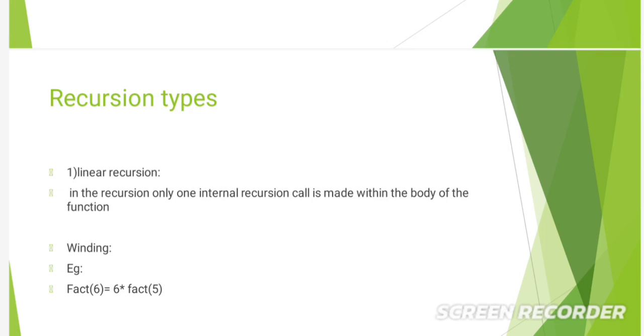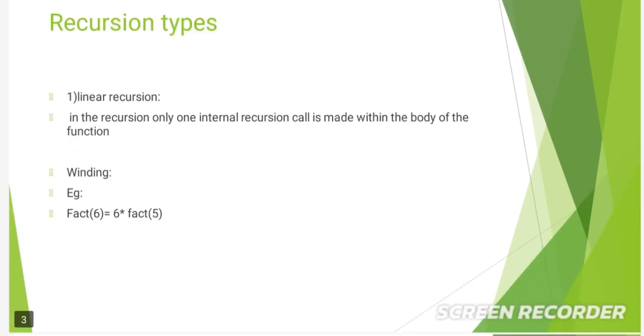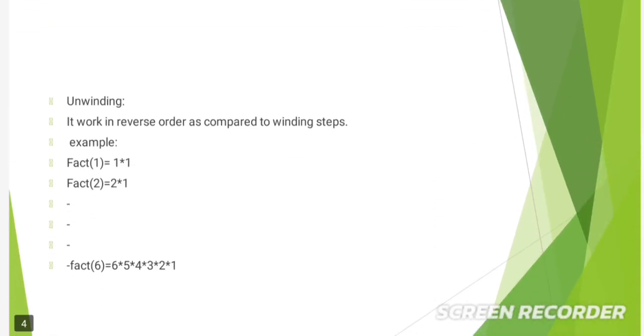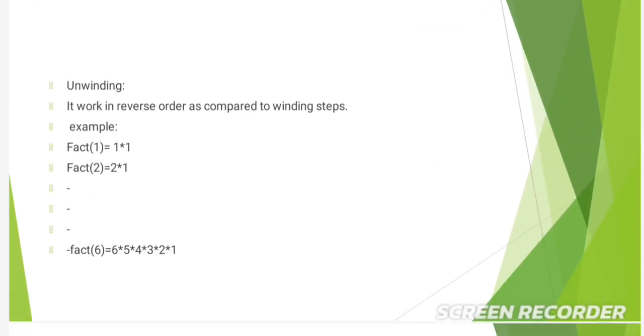This is known as winding, and when it returns to the caller it is called unwinding. The termination condition is called the base condition. So following are the examples of winding linear recursion. And the next example is unwinding recursion.